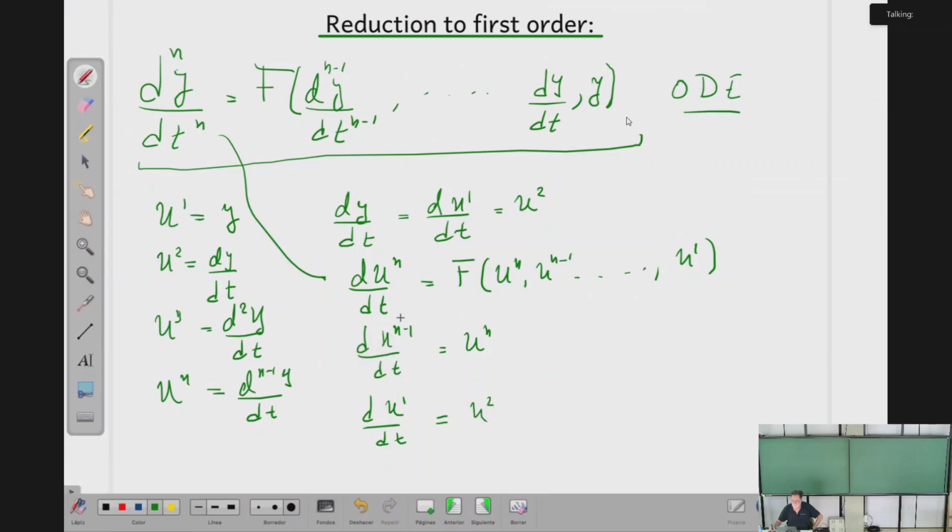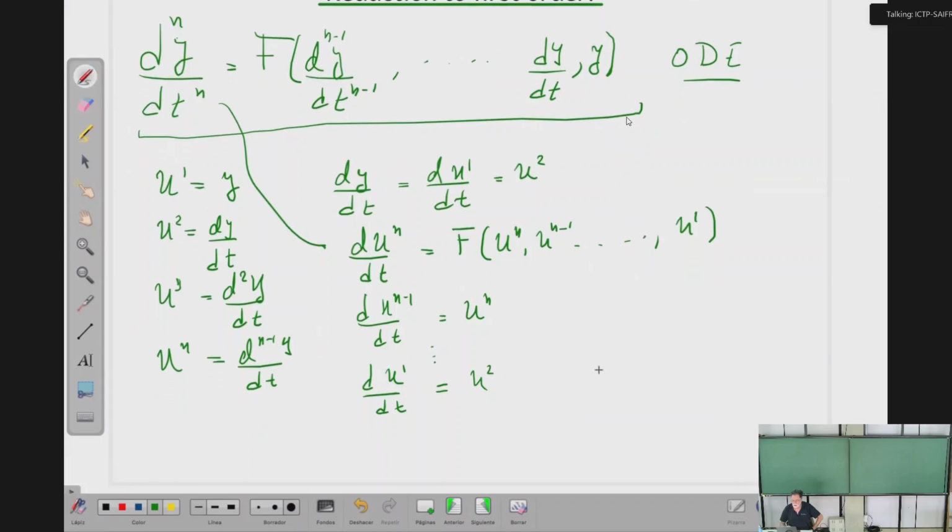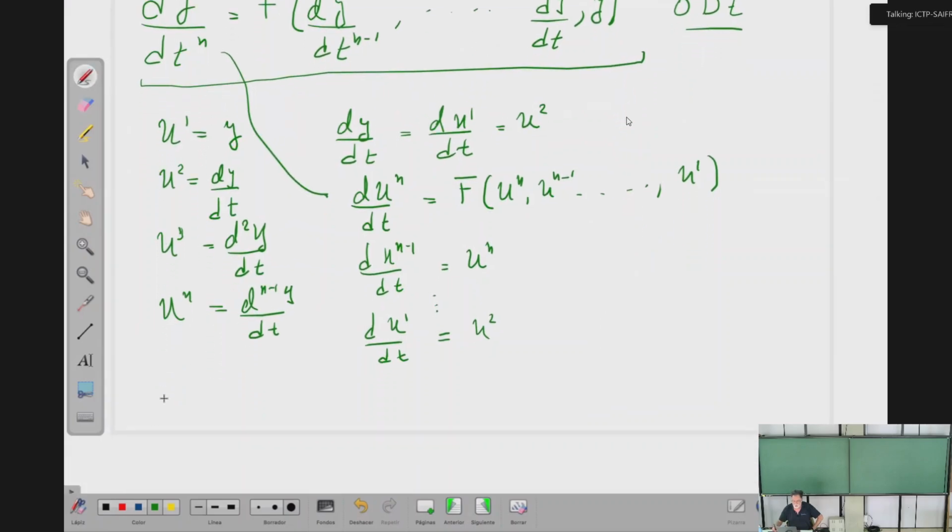Okay. So you take this system. Now we have a vector u, which is u1, u2 up to un, and we have a system du/dt is a big F of u.